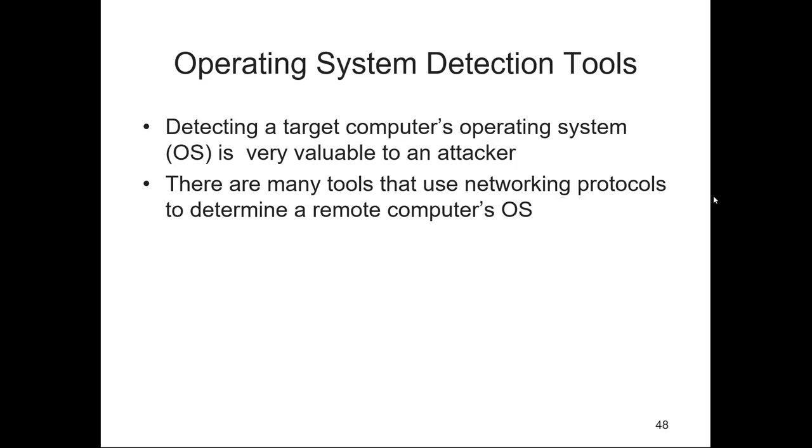One of the valuable pieces of information for an attacker is detecting the operating system of a computer, which will include knowing all system vulnerabilities. Attackers can use ping, echo request, or Internet Control Message Protocol to determine a remote computer's operating system.